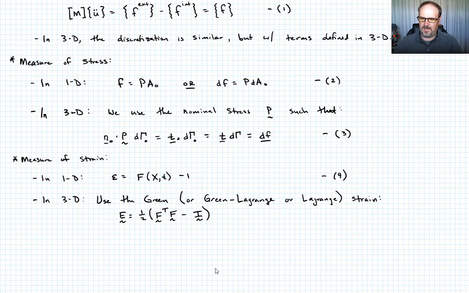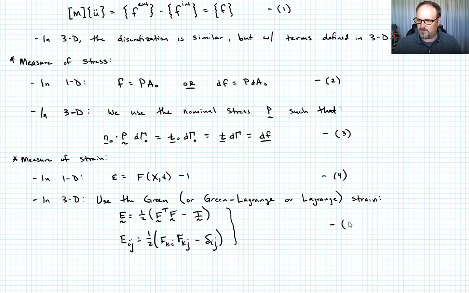If we wanted to write that in index notation, that would just look like Eij is equal to 1/2 F Ki F Kj minus delta ij. We'll collectively call these equations 5. And I should define what F is. F is the deformation gradient tensor.